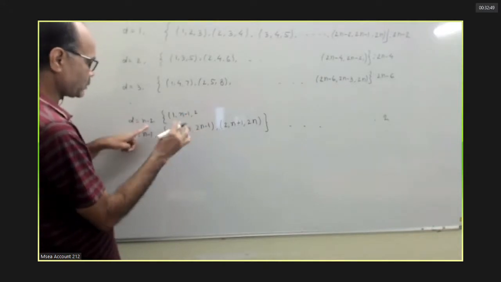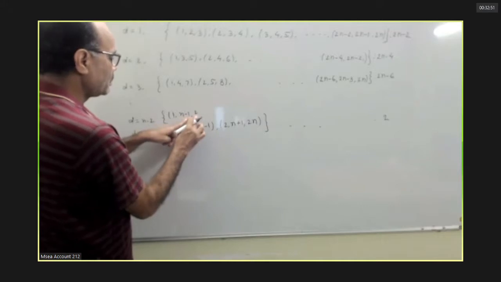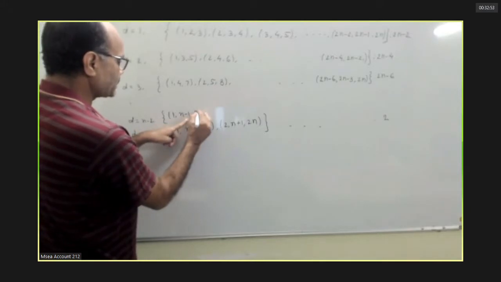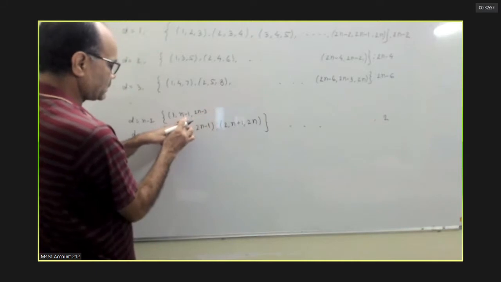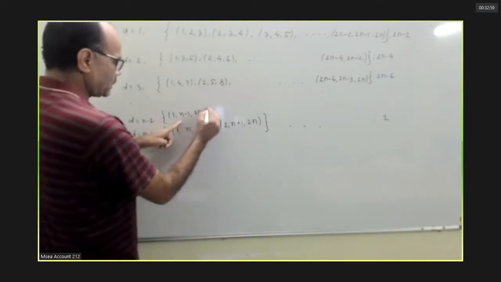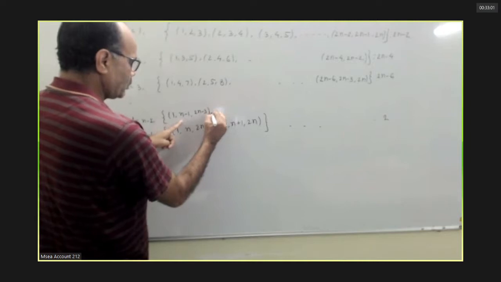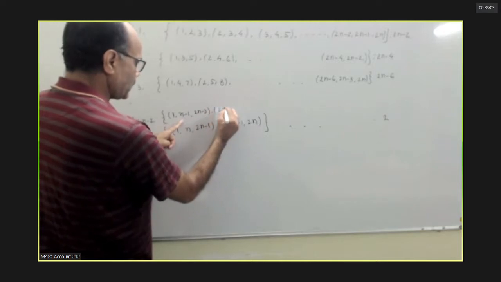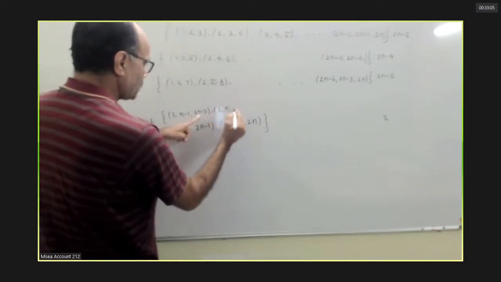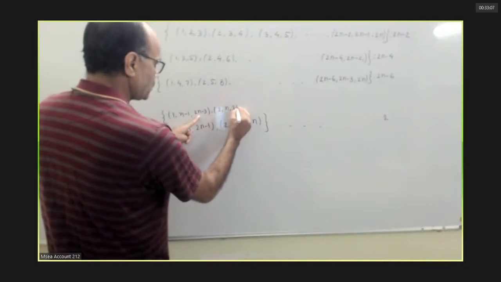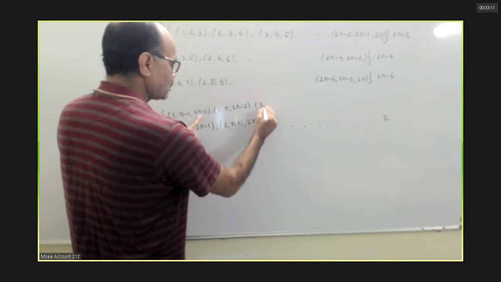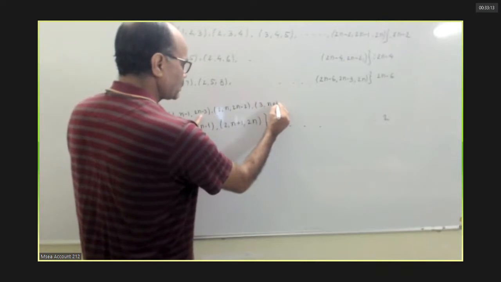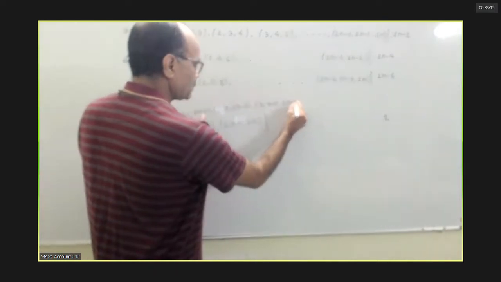Common difference n minus 2. Then 2n minus 3, this minus this is n minus 2. Correct? Then 2, n, 2n minus 2. 3, n plus 1, 2n minus 1.